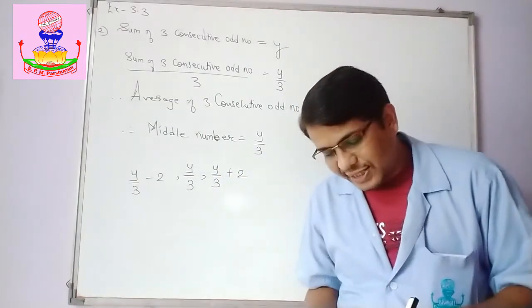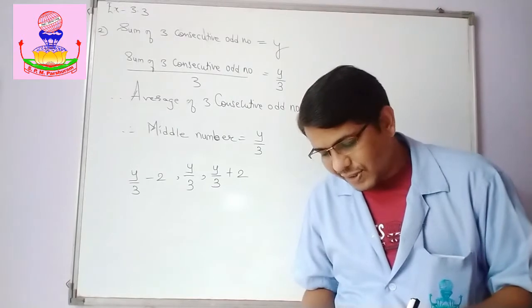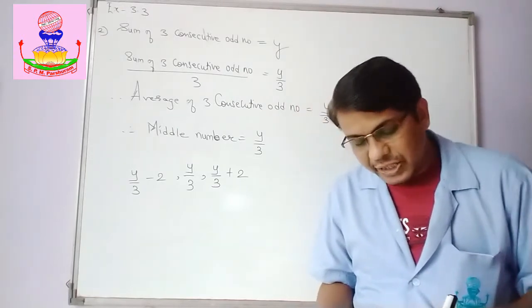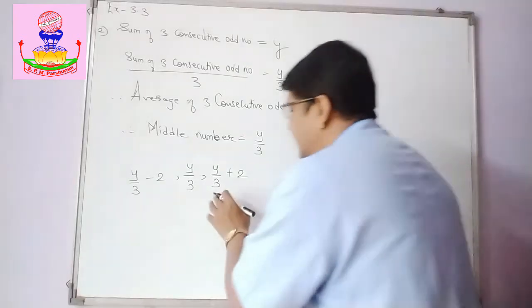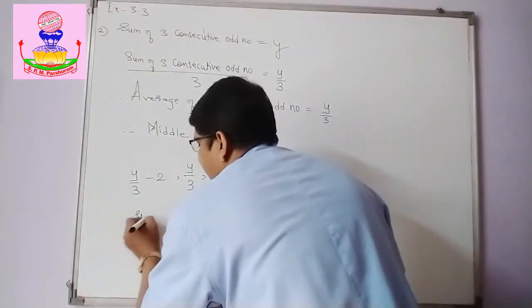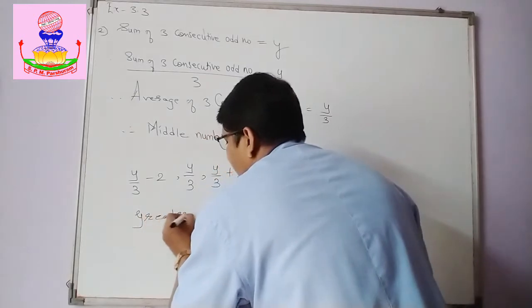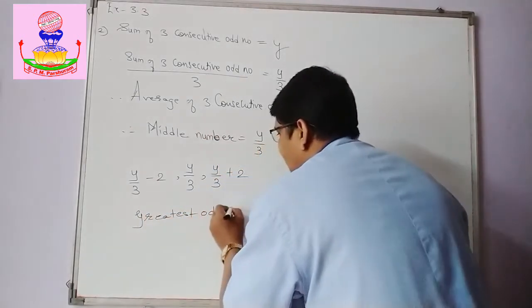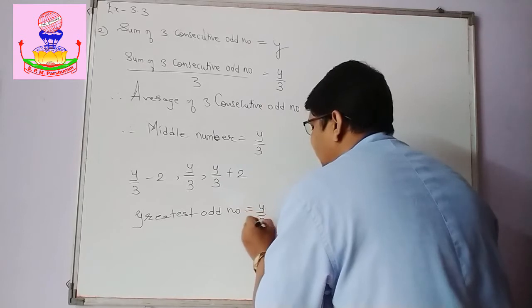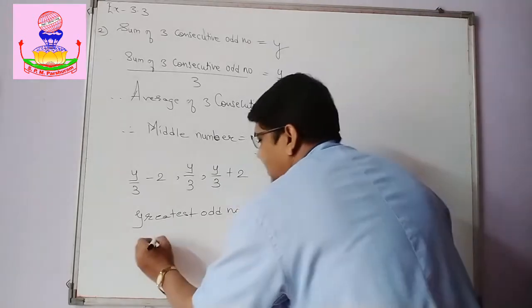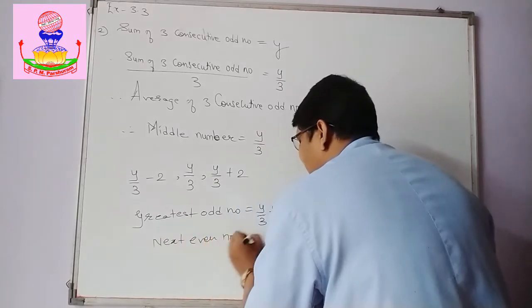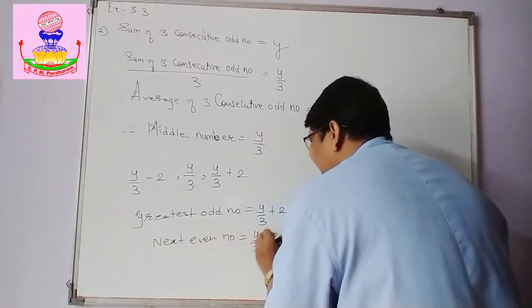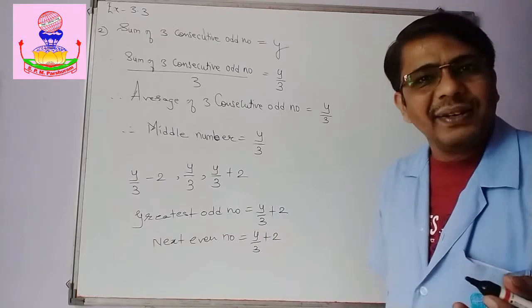Now, what is their question? Their question is, which of the following is the even number next to the greatest of these odd numbers? So, which is the greatest odd number? Yes, greatest odd number is what? Y upon 3 plus 2. So, next even number. What is the next even number? Just add 1.